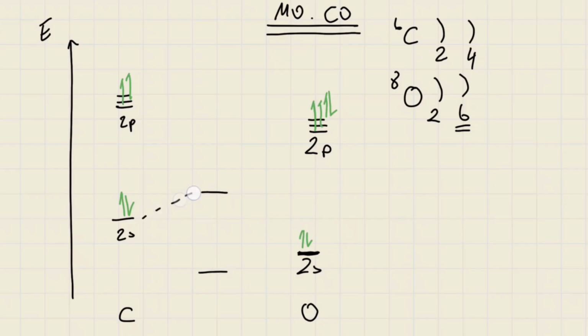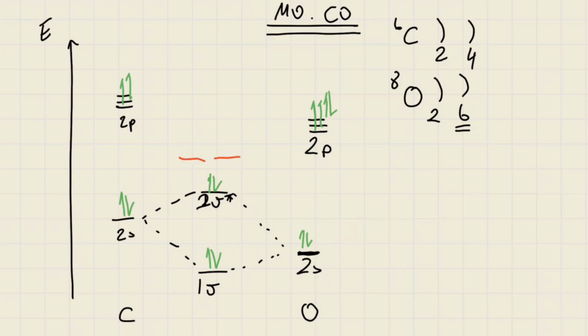So we have sigma and sigma stars. I will call this molecular orbital sigma, and this is the sigma star orbital. This is the second orbital, I will write 2, and both of them are completely occupied, of course.